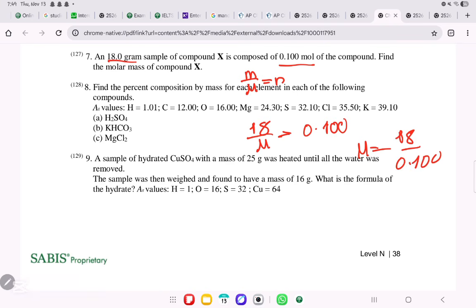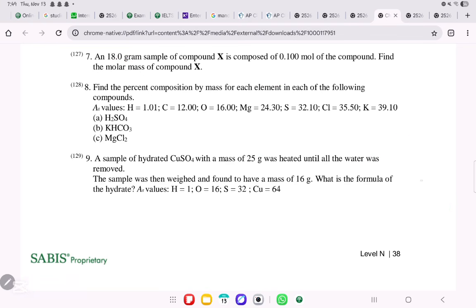You need to write it to the correct significant figures. What's the least number of significant figures? 3, so it should be 1.80 times 10 to the power of 2 grams.